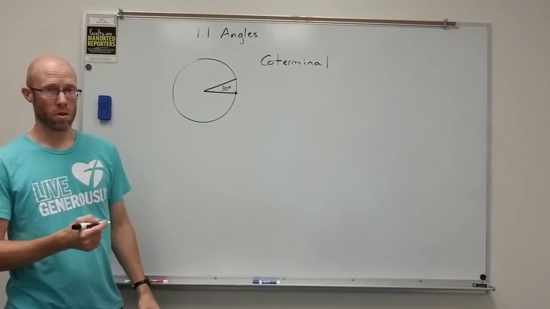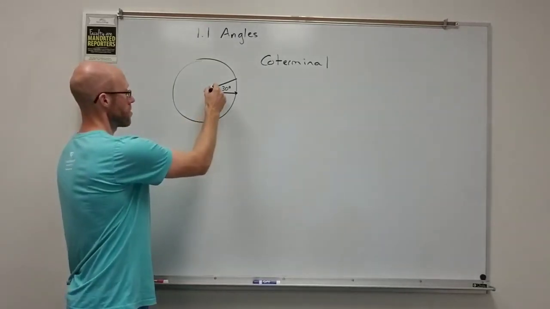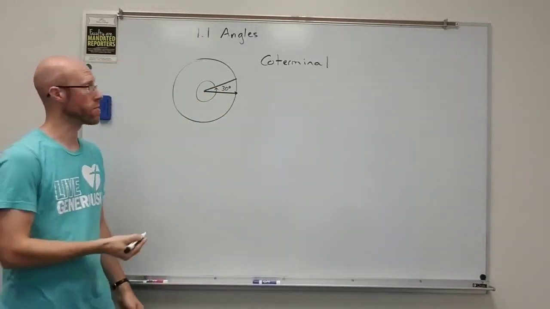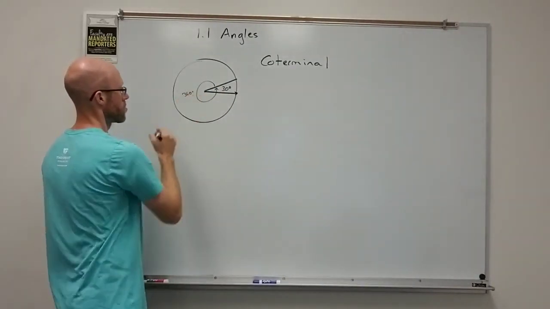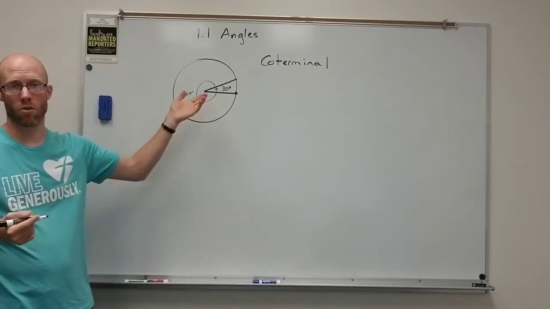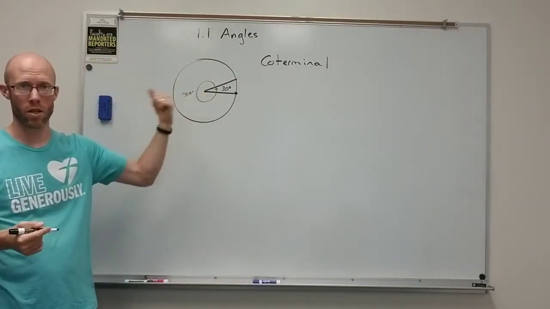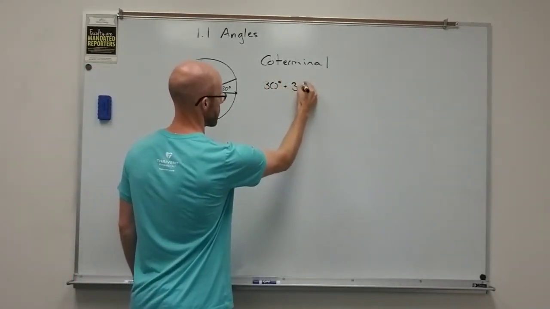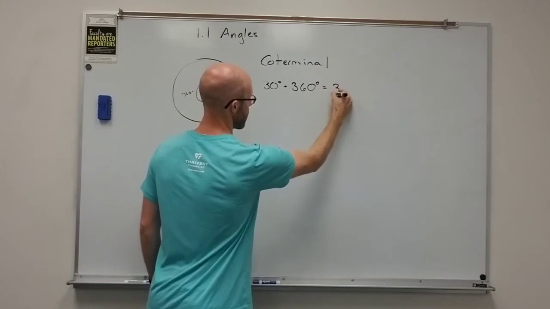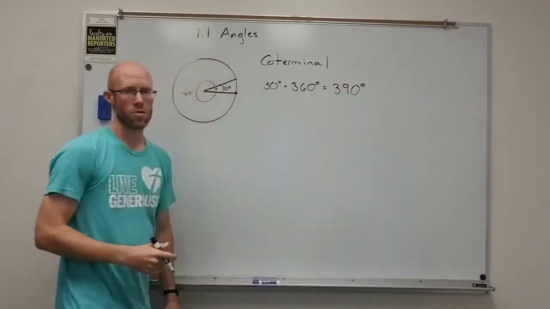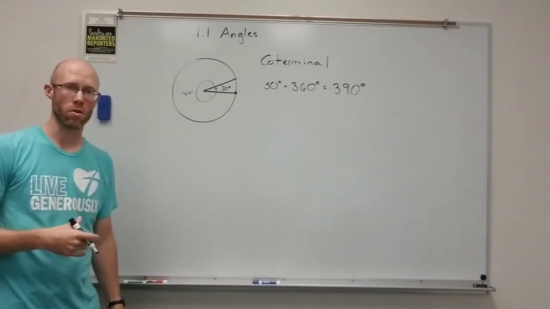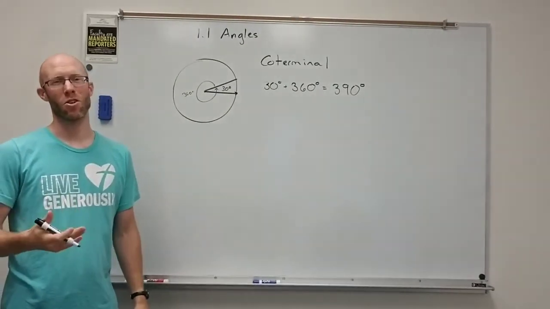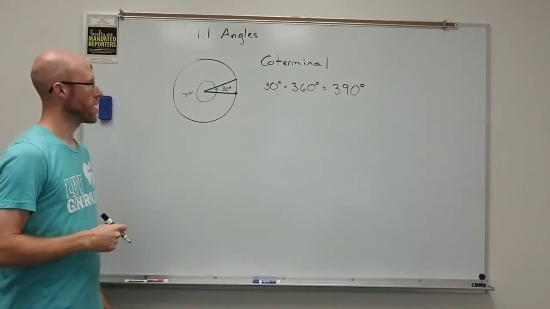Things that are coterminal would be if you were to add another entire revolution to that, so another 360 degrees. So if you add 360 to the 30 that's already there, so you go one extra rotation around, 30 degrees plus 360 is 390 degrees. So 390 is coterminal with, I'm sorry, 390 is coterminal with 30 degrees.